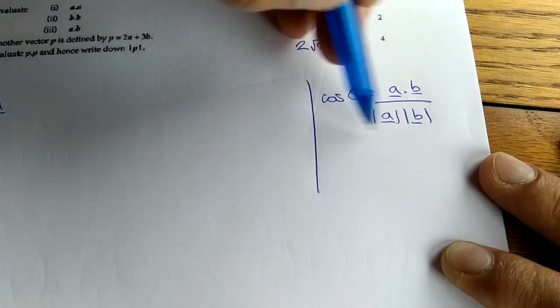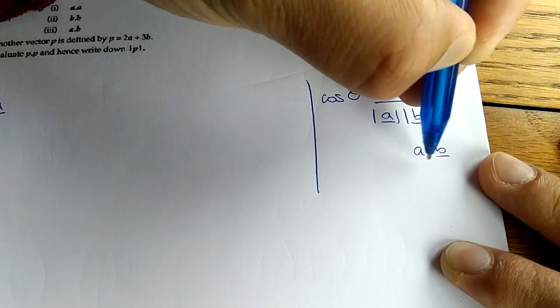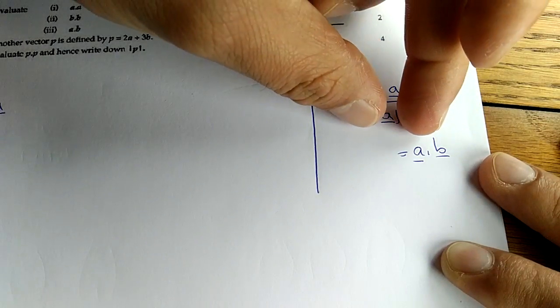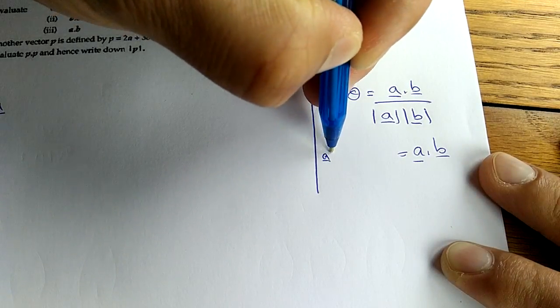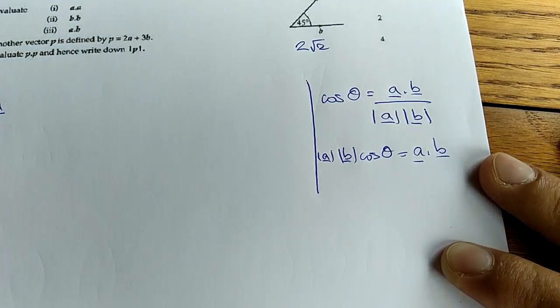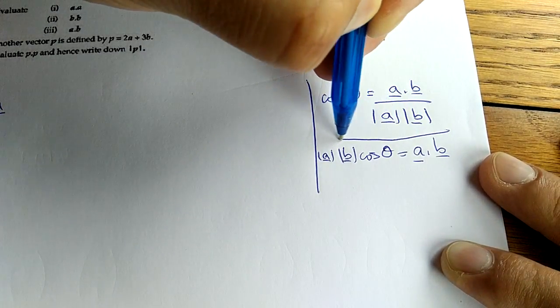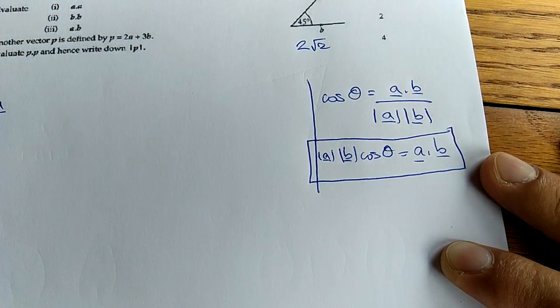Now, if I was to rewrite this for A dot B, I keep my A dot B where it is, and these two, which are currently a divide, if I move them over to the other side, they will become multiplied. So it'll be the magnitude of A times the magnitude of B cos theta. Hope that makes sense. Now, this is what I'm going to be using throughout this question. This is key. It's really this formula, just rewritten.